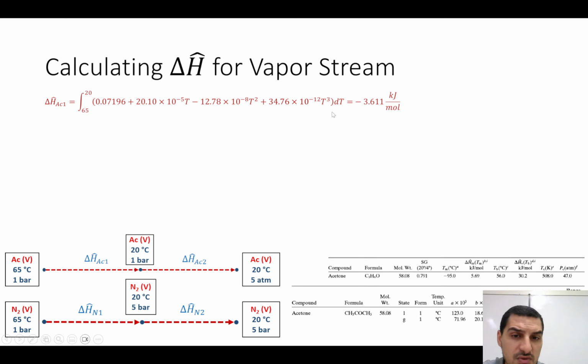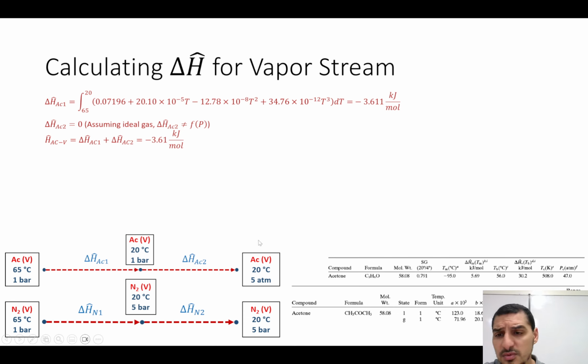I didn't do the substitutions because it's a straightforward thing, so you can do this yourself. And once you are done with the hypothetical path, you are almost done with everything. You just need to do the calculations, picking numbers from the table, and all these routine things. So this is for acetone, and the second one for acetone is going to be 0, because we know that this is independent of pressure.